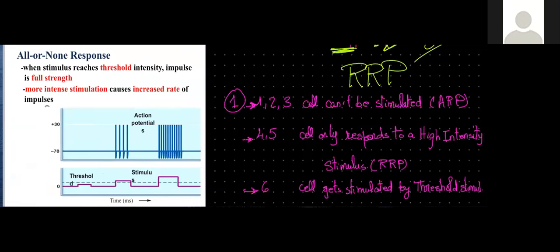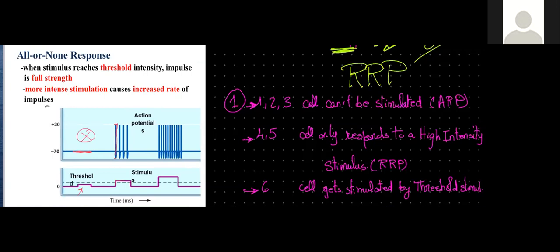Remember, the action potential is all or none. Either I have full strength or it's not going to be created. So if you receive a stimulus lower than threshold, would you form an action potential? No. How about getting a threshold stimulus? Would I get an action potential?